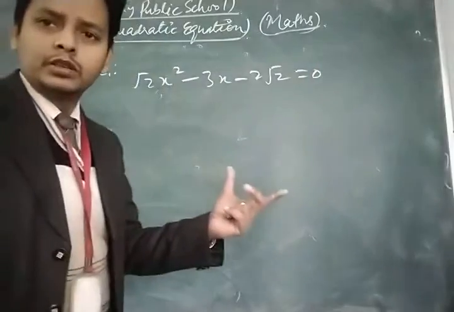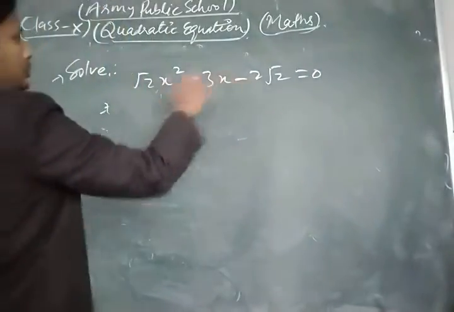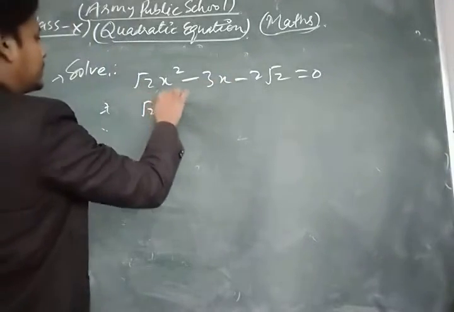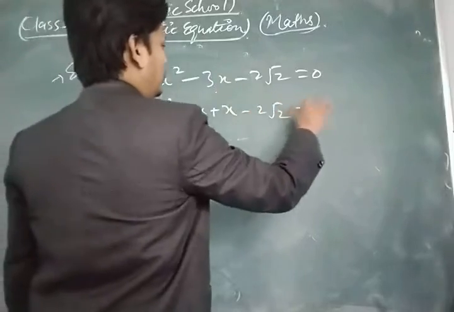This is a very easy question. We just factorize it by splitting the middle term. So look, this is 4x, so root 2x squared minus 4x plus x minus 2 root 2 is equal to 0.